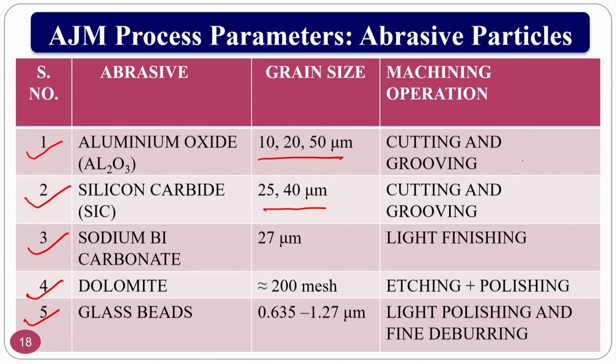Aluminum oxide and silicon carbide are mostly used in abrasive jet machining for cutting and grooving operations. For light finishing, I normally go for sodium bicarbonate. Dolomite can be used for etching and polishing applications, and for light polishing and fine deburring, you can go for glass beads.